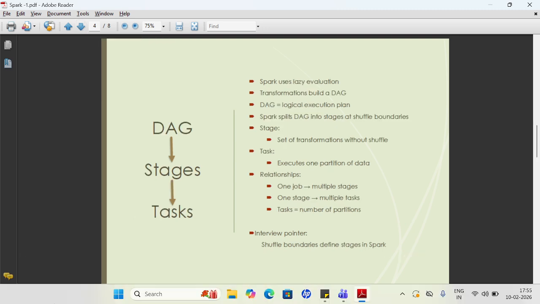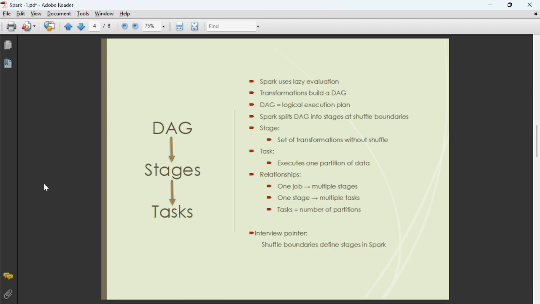Now we reach the heart of Spark's execution model: DAGs, stages, and tasks. Spark uses something called lazy evaluation. This means transformations like filter, select, and join are not executed immediately. Instead, Spark records these transformations and builds a directed acyclic graph, or DAG.